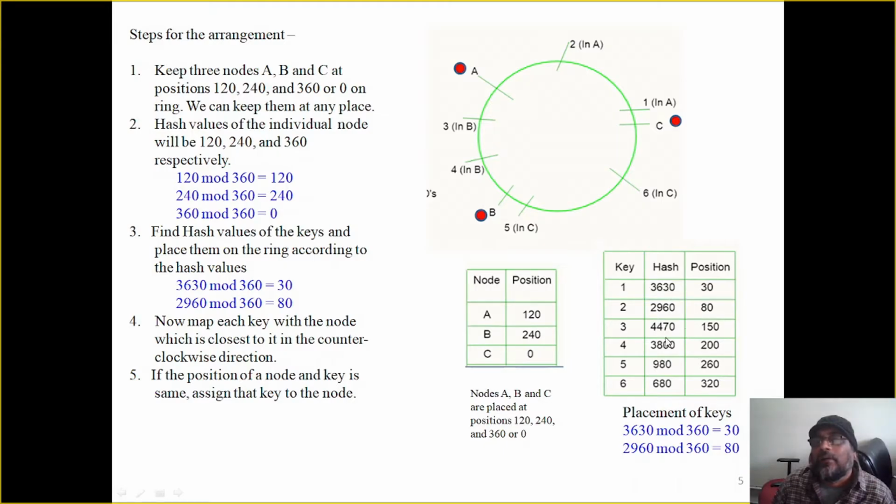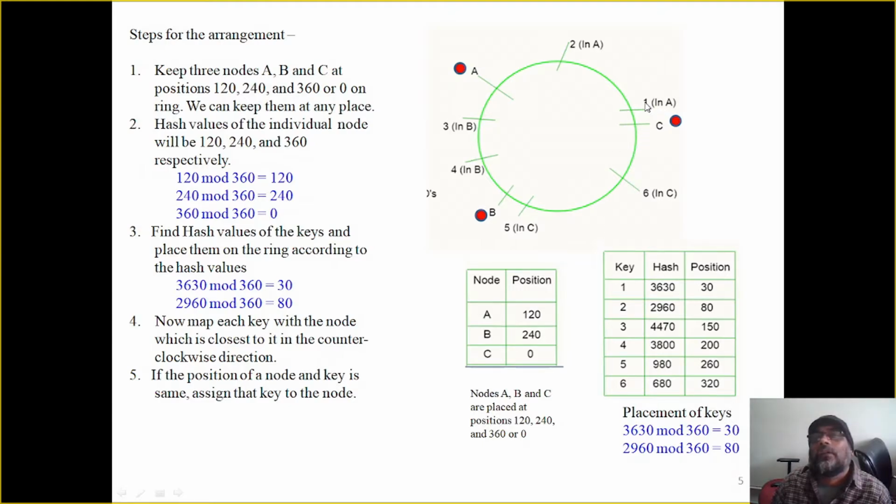Similarly, when we divide by 360 using modular arithmetic, we will get all these values. So 3093 mod 360 will come out to 30, so 30 will be placed here.